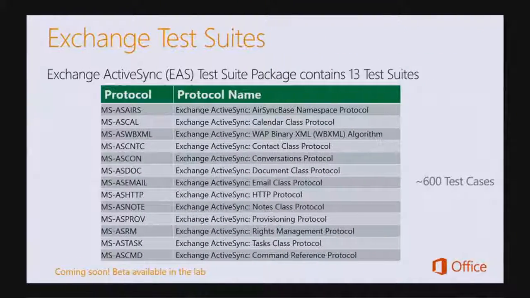And we have the new EAS, because we heard a lot of feedback and people asking about it. This is the first release of the upcoming EAS test suite, with about 13 test suites inside. Right now we have a pretty stable beta in the offices, so you can play with it. And we just picked 13 protocols that we think are useful to you guys.